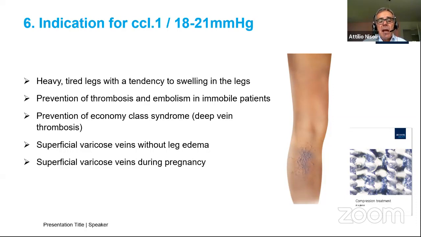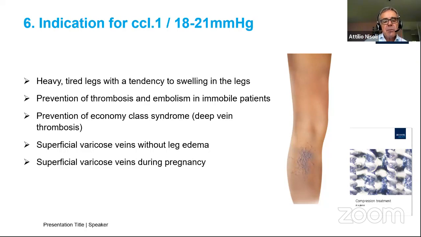Prevention of thrombosis and embolism in immobile patients. Compression class 1, but what's known all over the globe is actually that the anti-embolism stockings, the white ones, as you know, they are fantastic during the stage at the hospital, but once these patients leave the hospital, they should actually wear the proper medical compression stockings with the compression pressure between 18 and 21.